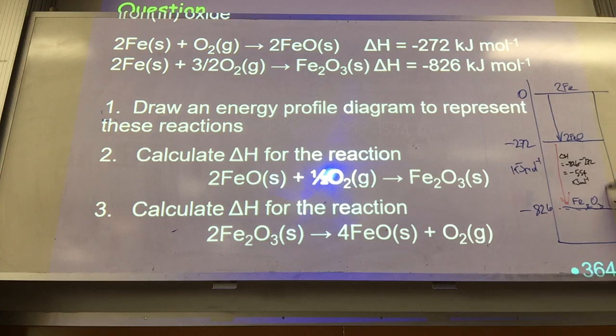So we're going to be going up, and delta H will be positive, and it's going to be 2 times the difference between the two, so 2 times 554, which equals 1108 kilojoules per mole.